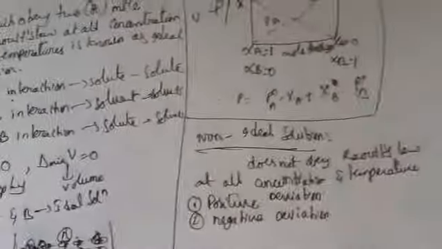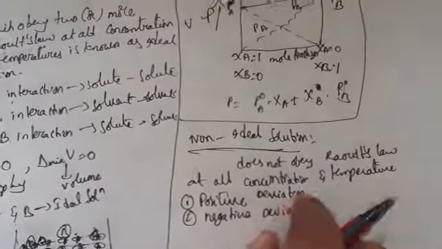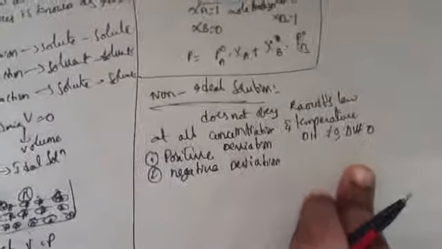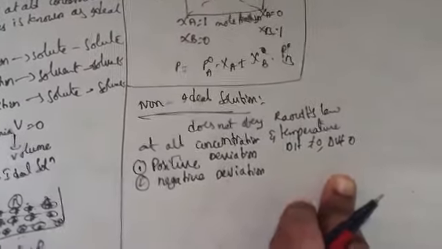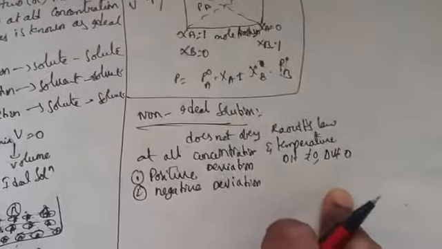A non-ideal solution does not obey Raoult's law, showing some deviations, which we call positive and negative deviation.